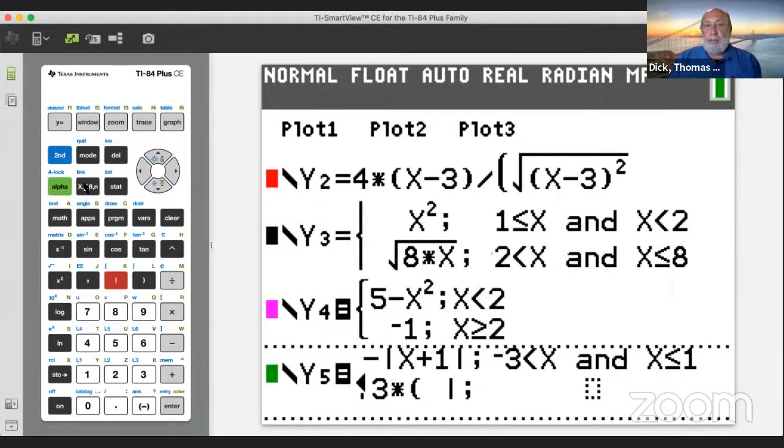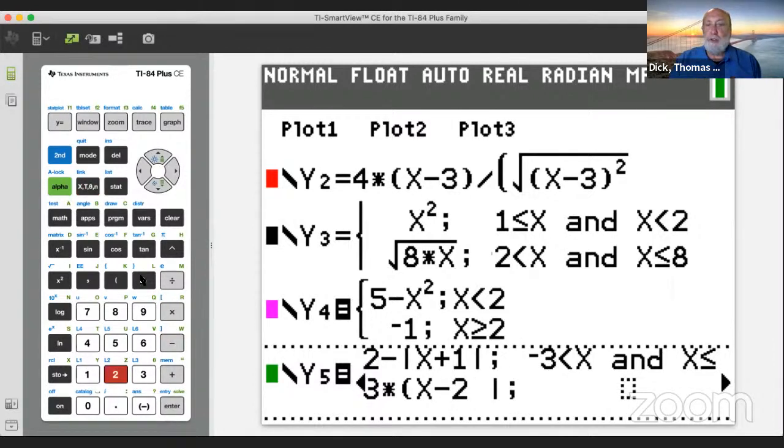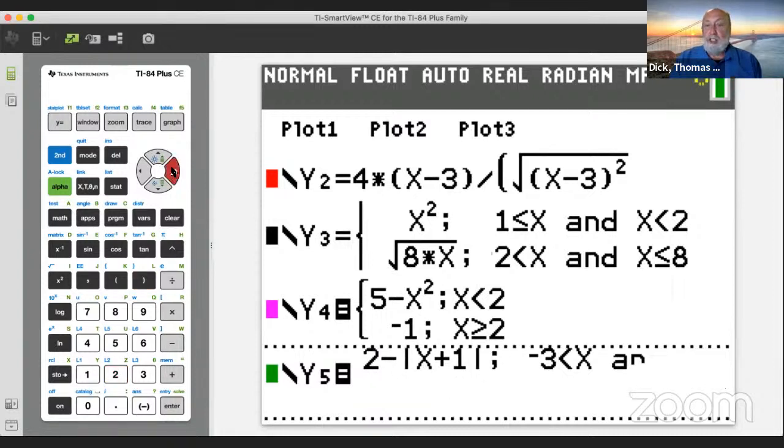So the second piece of this was another, I think, absolute value piece. And if I figured it out right, I think it was 3 times the quantity x minus 2, and then the absolute value of that. I can see Steve is doing some calculations. Maybe he's checking me out here to see if that's going to work. It's going to be for 1 less than x less than or equal to 3.